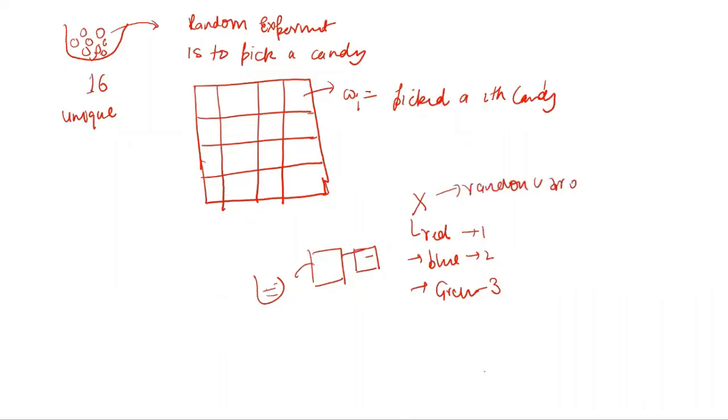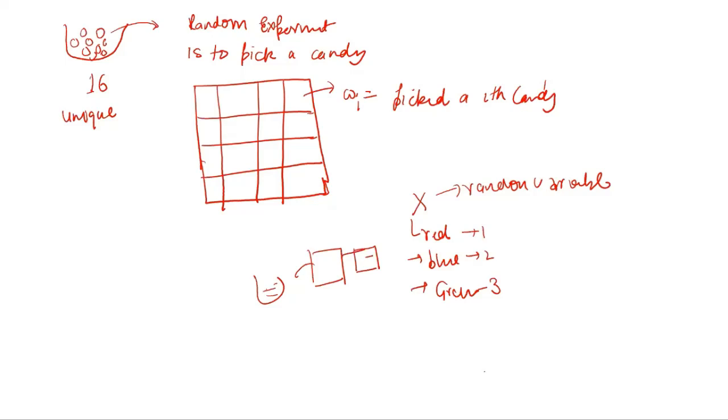How? Basically, it takes one outcome and looks at the color of that candy and just displays the color of that candy. It cannot tell if there are two candies of the red color. It will tell just red, one, right? It doesn't distinguish between these two candies. For it they are the same.